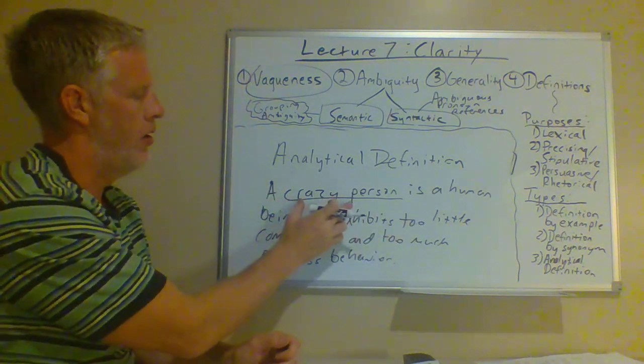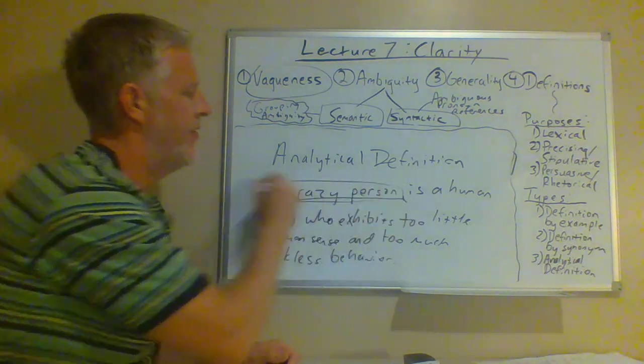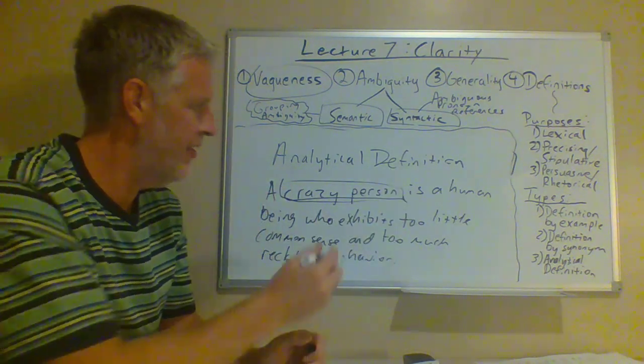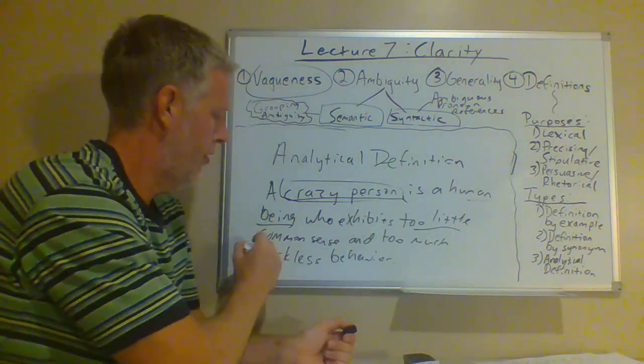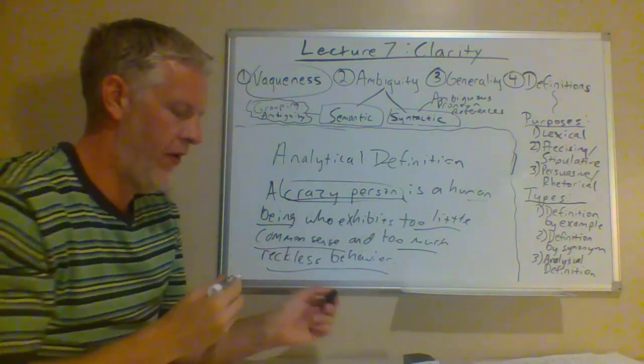So here's what we're defining, and like I said, you're given a criterial list: a human being who exhibits too little common sense and too much reckless behavior.